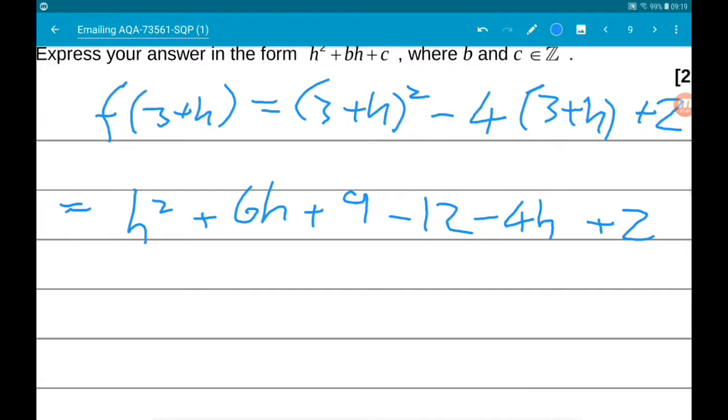So we've got h squared. Now we've got 6h minus 4h, so that's going to leave us with 2h. Then we've got 9 minus 12, which is minus 3, add 2 is minus 1. So there is f of 3 plus h.